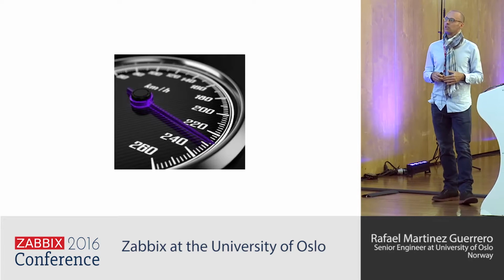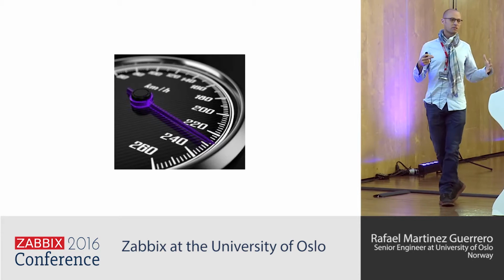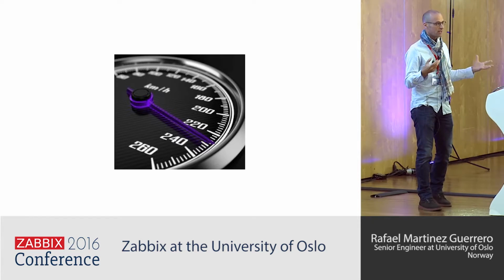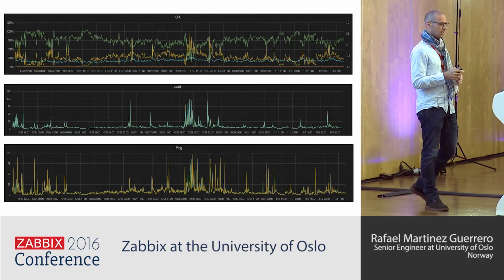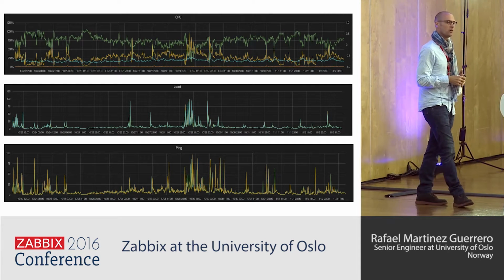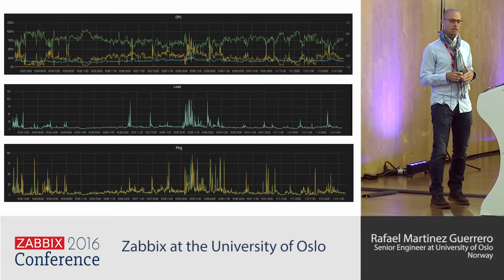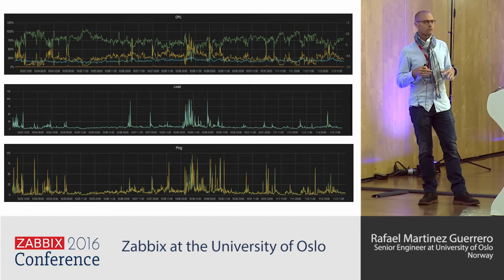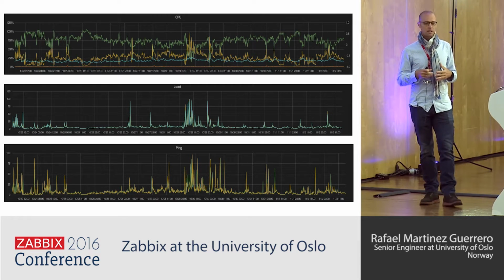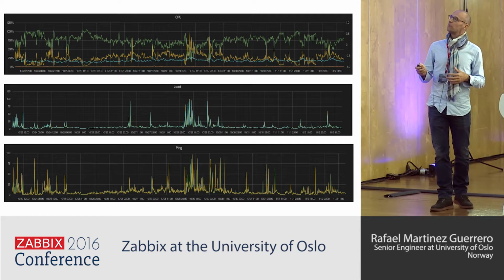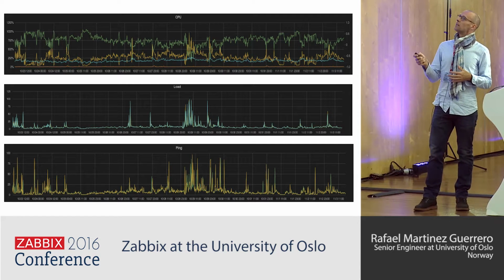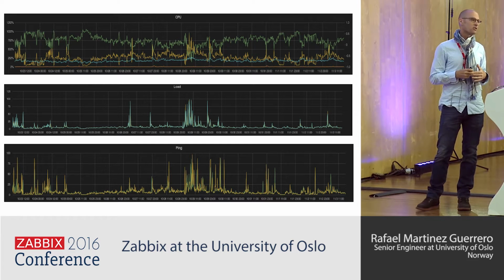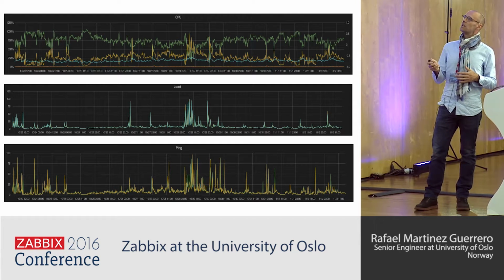We also had some problems with performance, especially database performance. We had a period with really huge performance issues that were stopping us from delivering a good monitoring system. If you see the graph at the top, that's the CPU use of the database server. The most important part is the yellow line.